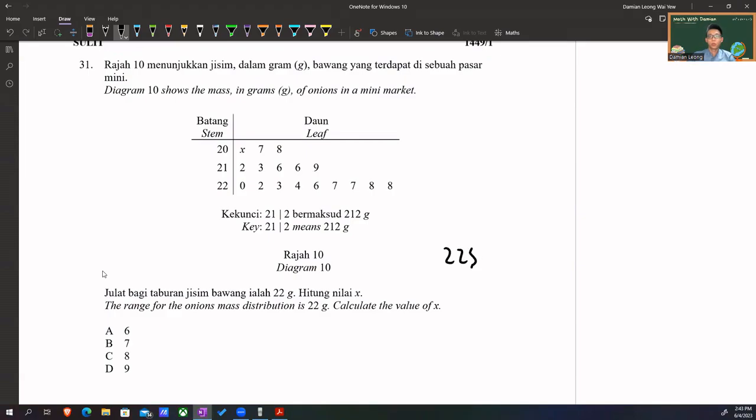Highest is 228 minus 20-something, let's put minus y, equals 22. Means 228 minus 22 is y. So it will be 206. Means the x should be 6. Answer A.